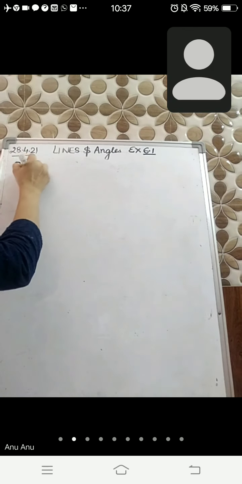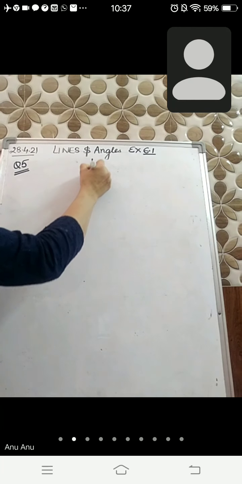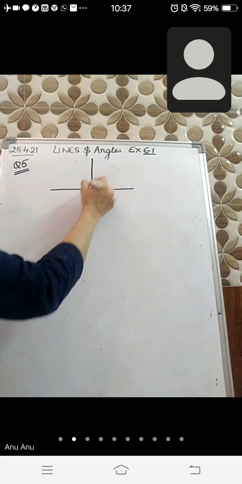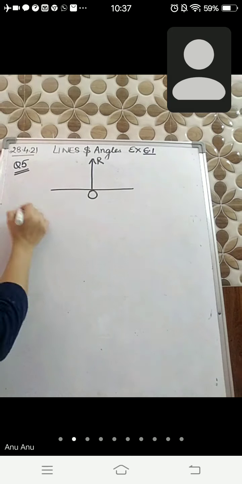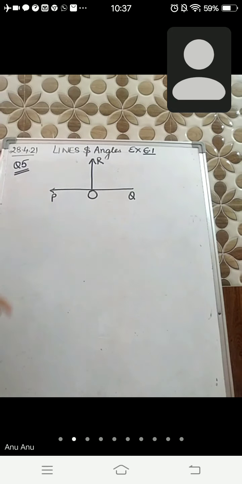Question number 5 is, in question number 5 beta, the figure is given. There is one line OR that is perpendicular to this line POQ, as given in the question. In this question, the statement is POQ is a straight line.